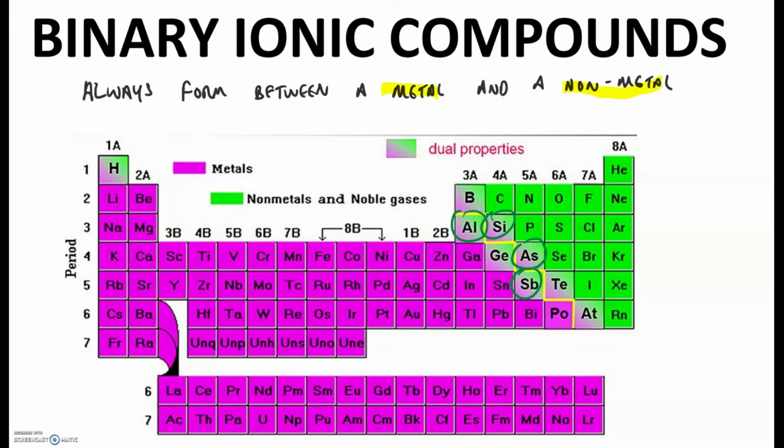So be careful. The way we're going to treat this in this class is, if it is on the left side of this flight of stairs, you can see it here in yellow, it is a metal. So we're not really going to worry too much about metalloids, that distinction. If it's on the right side of this demarcation line, it is a nonmetal.